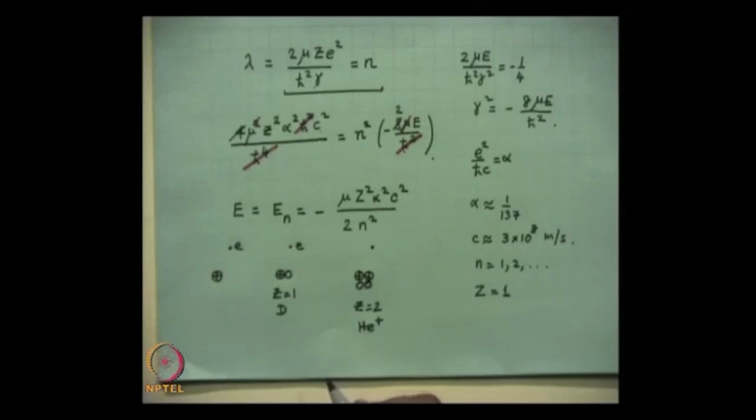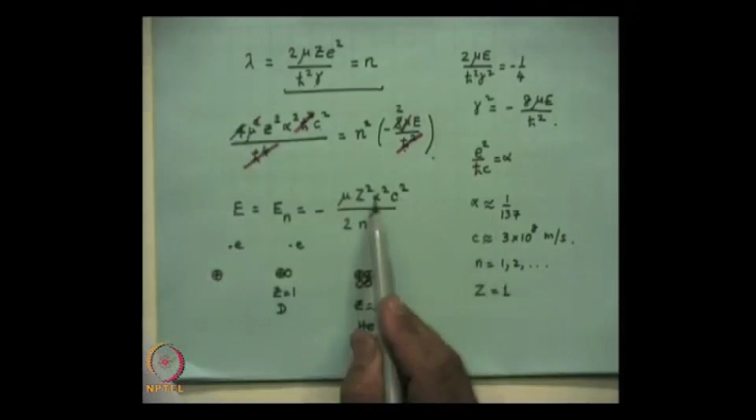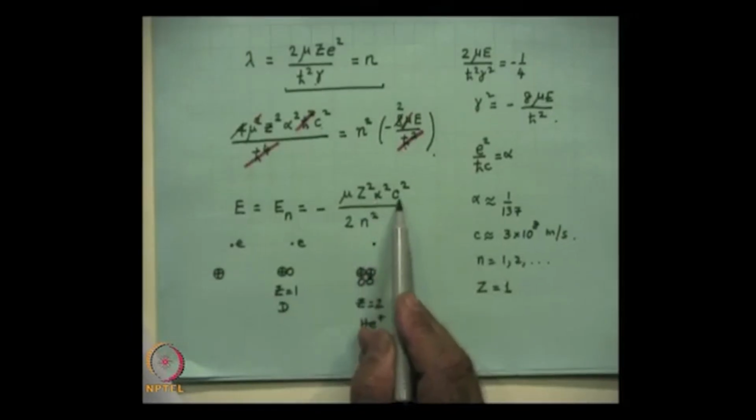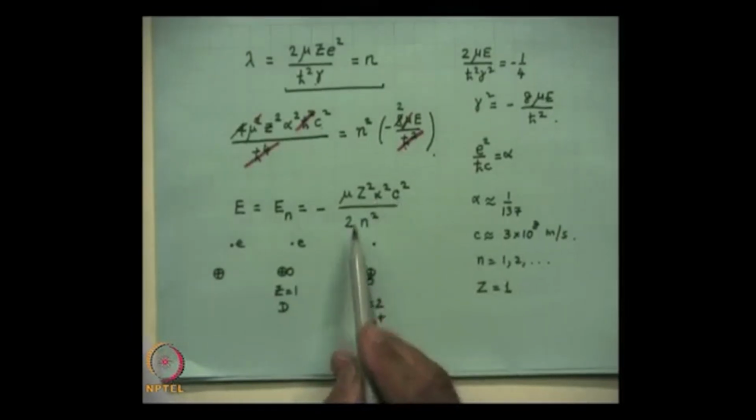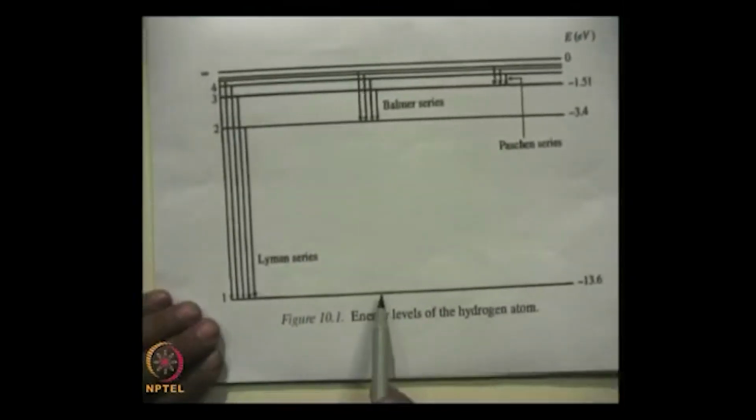So, these are the energy eigenvalues, and if you substitute the values of mu that I wrote down, and alpha and c etc., and if I assume Z to be 1, you get the energy levels corresponding to the hydrogen atom.